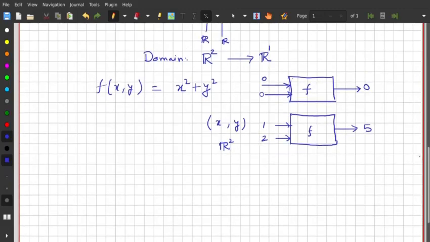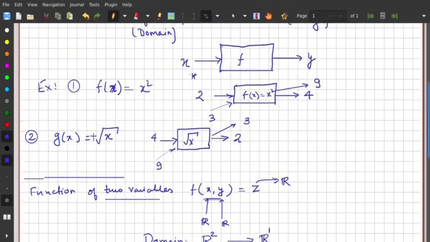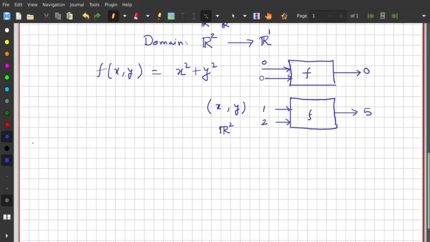Okay, so that's the generalization of a function to 2 dimensions, and this generalization can be done in higher dimensions. So for example, the function can be f of x1, x2, x3, up to xn.